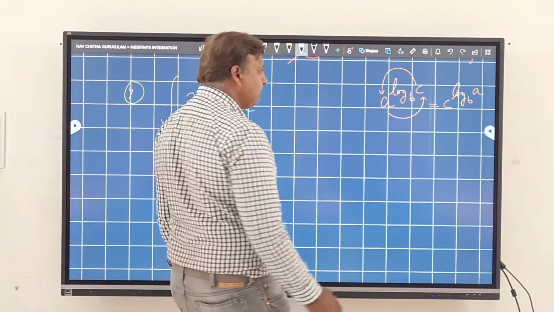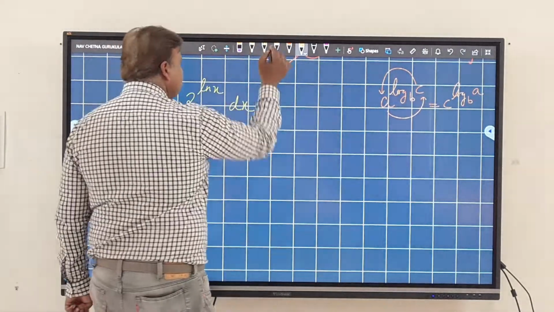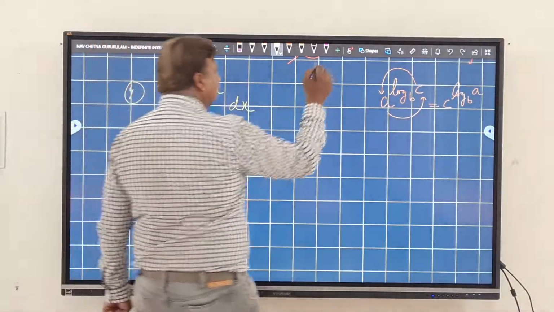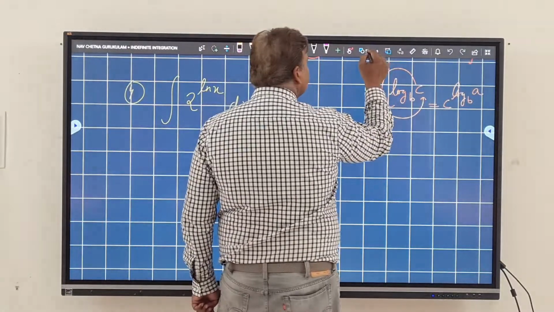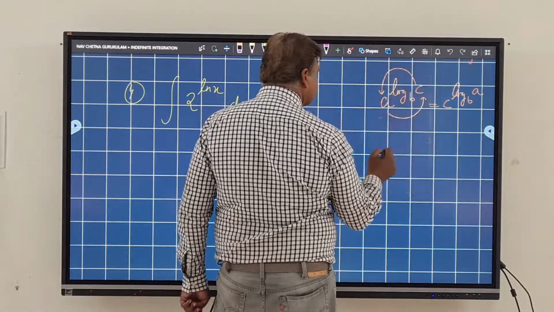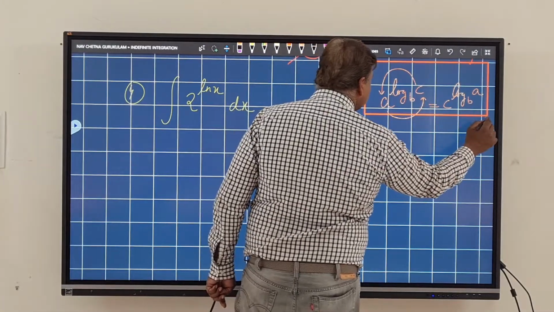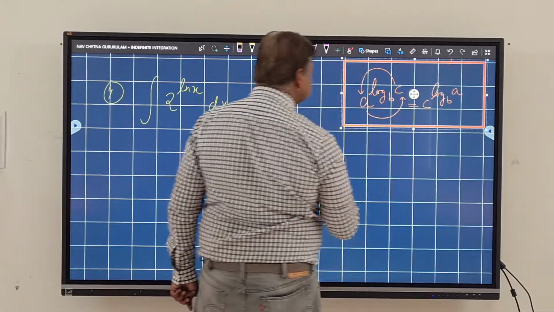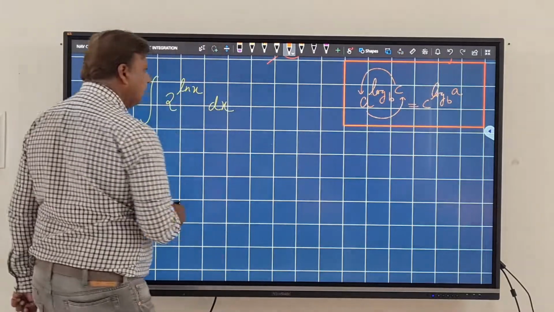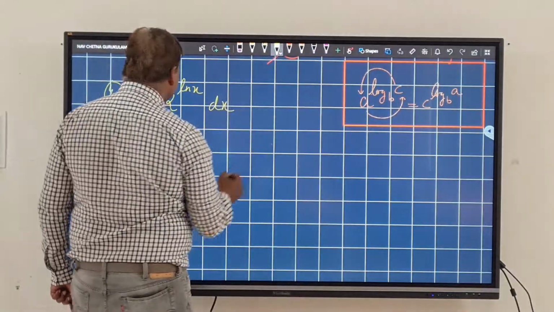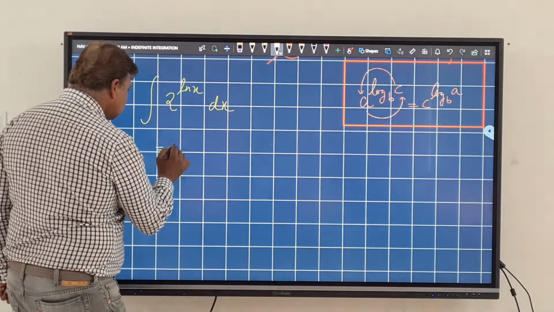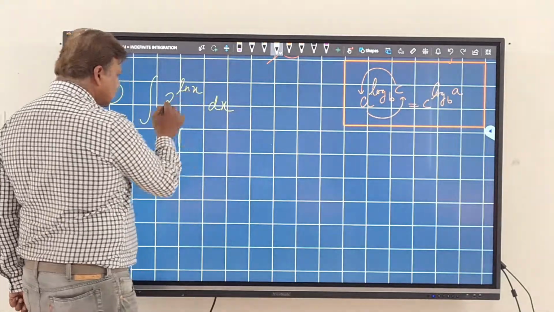So here with the same change, by the way, I'll put it in a box so that it becomes a note for you. Okay, so here you have to interchange x and 2.